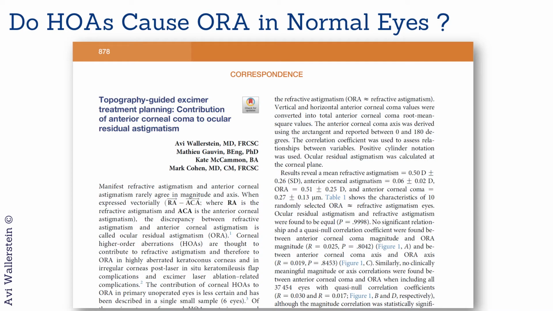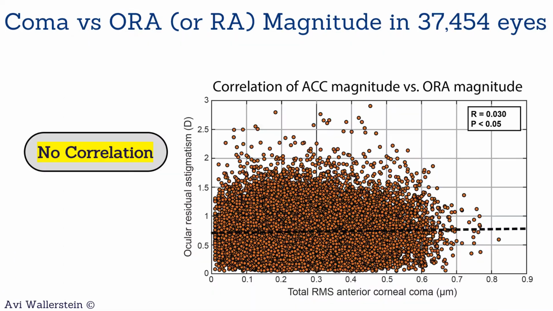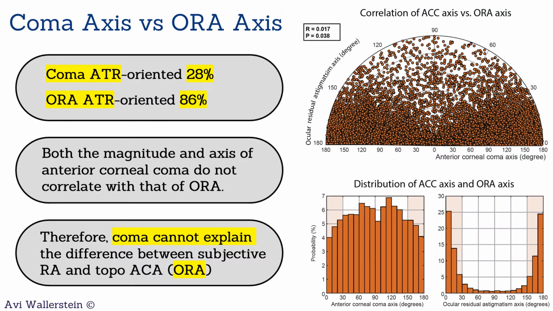We previously published on the role of anterior corneal HOAs, showing the contribution of anterior corneal coma to ocular residual astigmatism in 37,000 eyes. We found that the magnitude of anterior corneal coma does not correlate with that of ORA or to subjective refractive astigmatism.